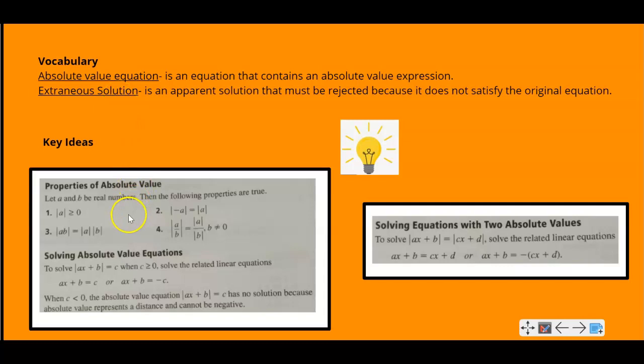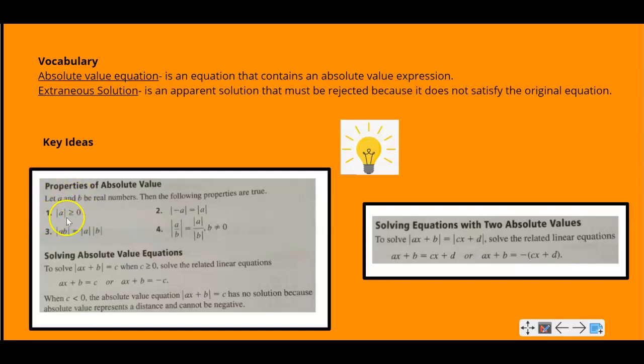All right, key ideas. These are properties that you need to be aware of. Let A and B be real numbers, then the following properties are true. The absolute value of A is greater than or equal to 0, okay? So in the past, I'm sure you've heard absolute value is distance from 0. You can't have a negative distance.